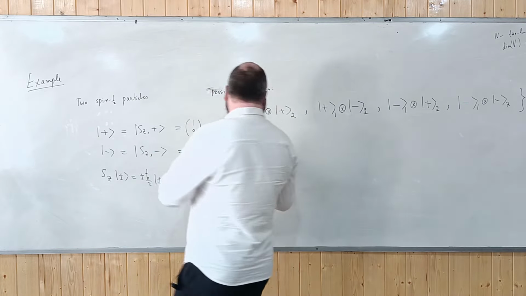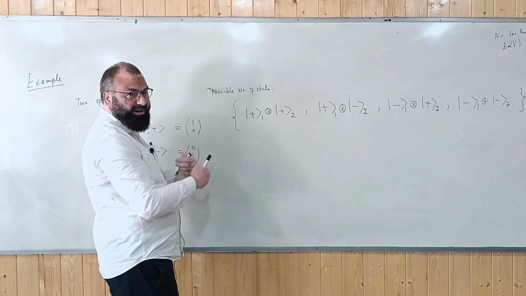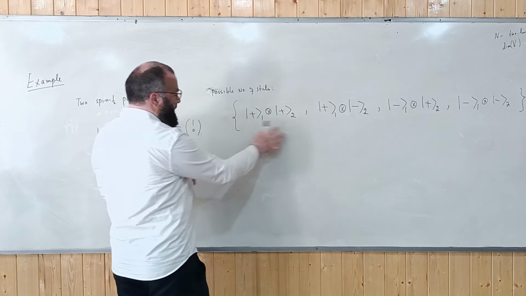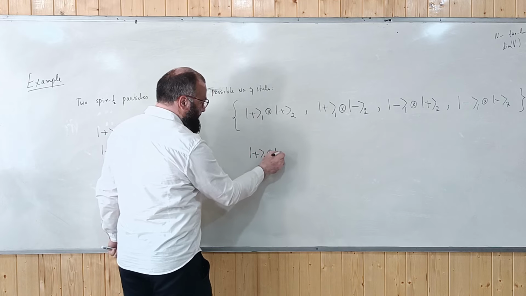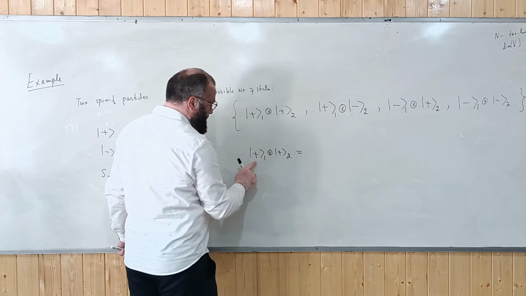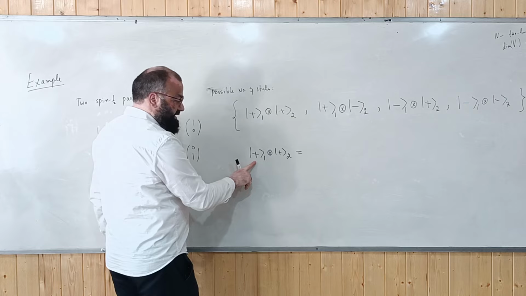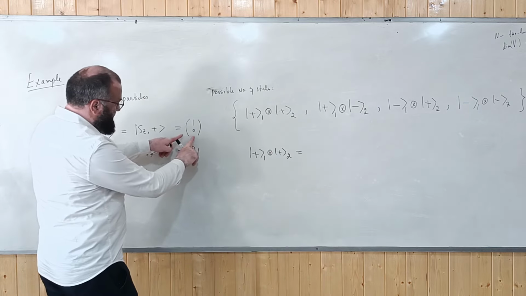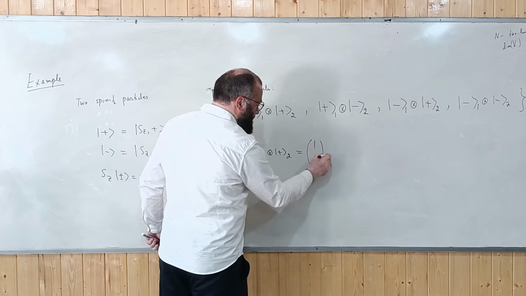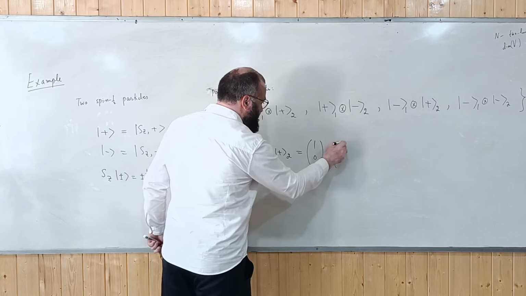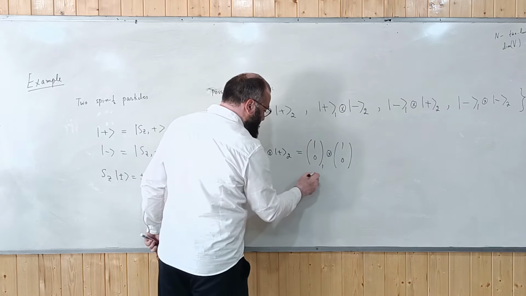Let's put it in matrix fashion. Write plus 1 tensor plus 2. How does it look? Plus is (1 0), tensor, plus is (1 0). How do we define the tensor product?